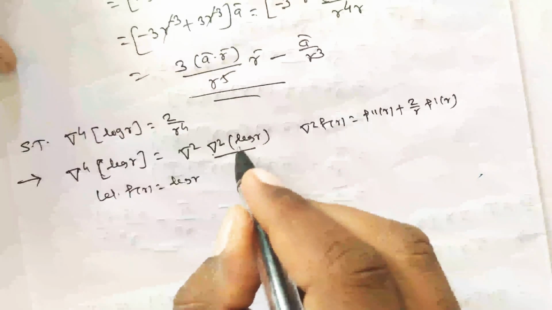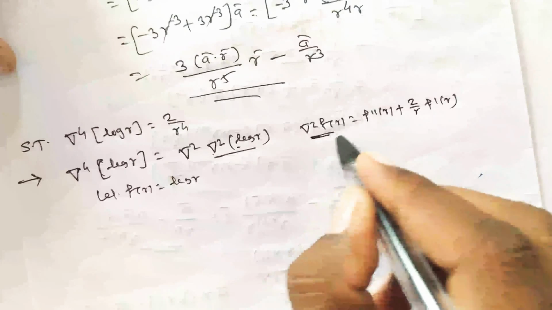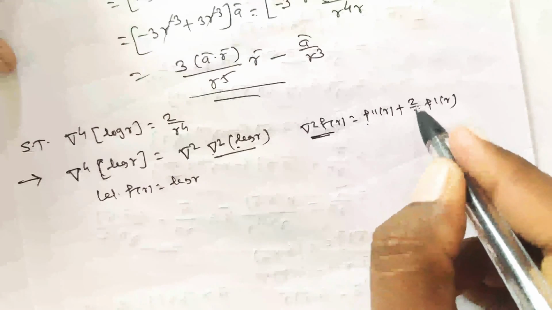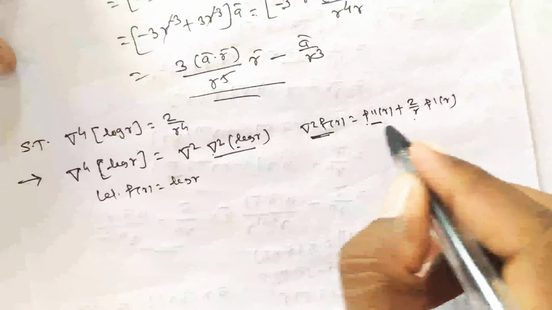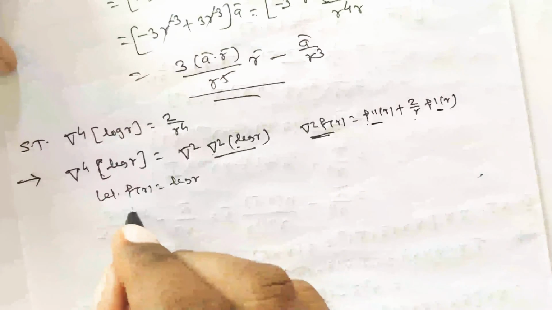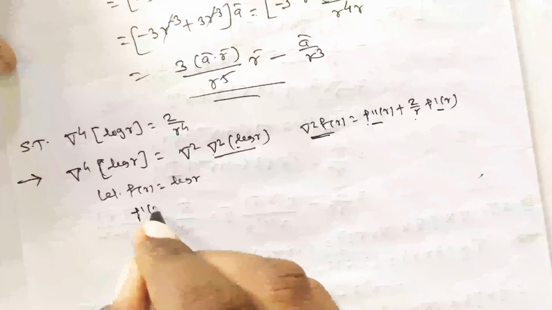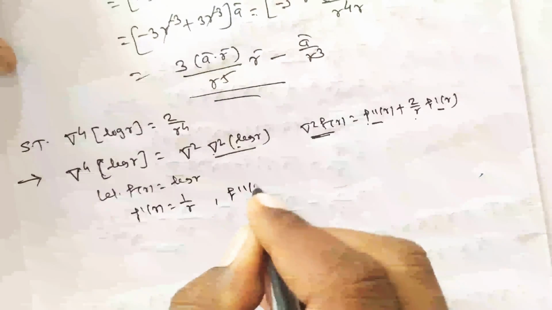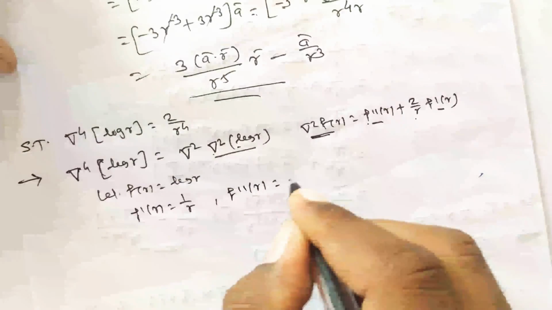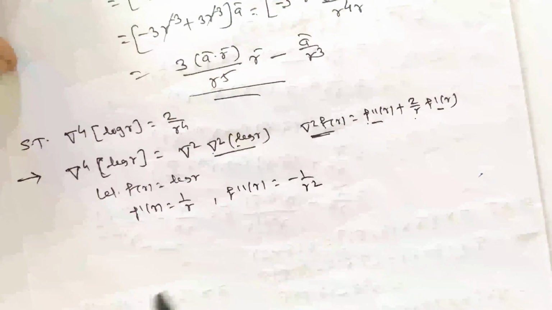Okay, and if we take f of r is equal to log r, then we get here del square f of r, and we know that del square f of r is equal to f double dash of r plus 2 by r into f dash of r, means for this we want f double dash and f dash. So f of r equal to log r, therefore f dash of r is equal to 1 by r, and f double dash of r is the derivative of 1 by r, which is minus 1 by r square.